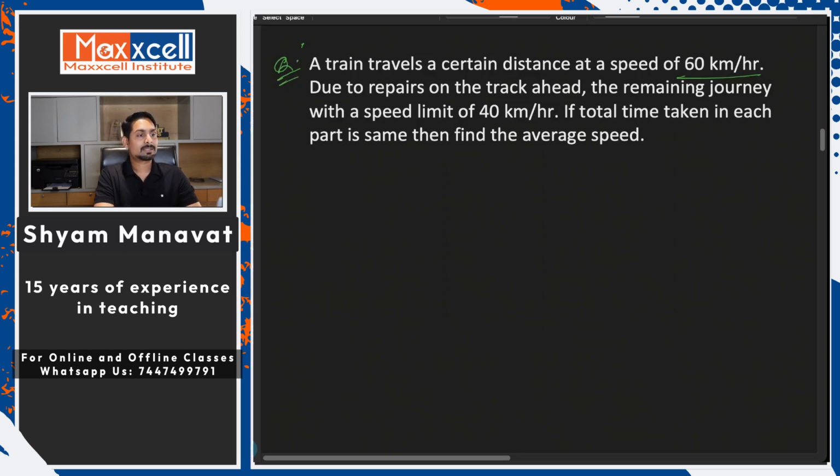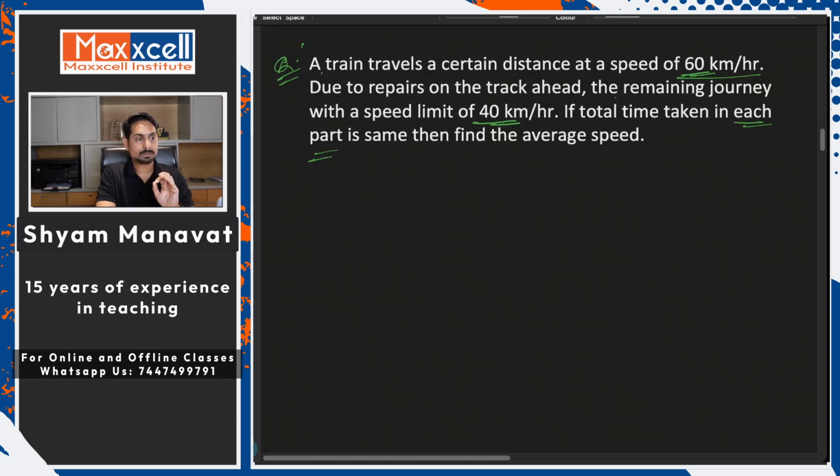Here it says a train travels a certain distance with a speed of 60 kilometers per hour. Due to repair on the track ahead, the remaining journey is with a speed of 40 kilometers per hour. If the total time taken for each part is the same, then find the average speed.